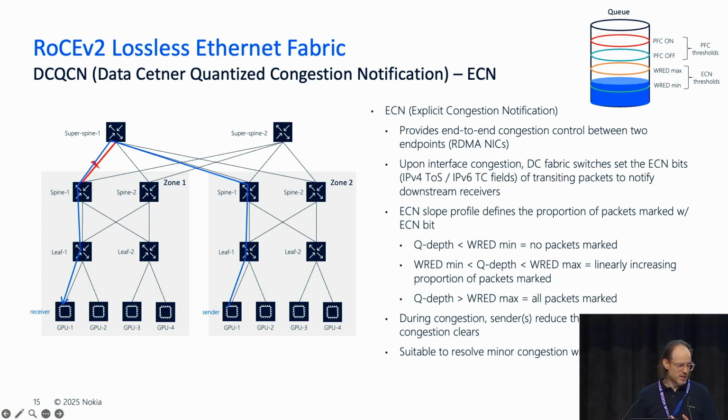We start to have some mild congestion between superspine 1 and spine 1. Because this congestion has been detected, superspine 1 starts to set the ECN bits within the IP header. The receiver, GPU 1, can then send a notification over to the sender GPU to say there's some congestion happening. In response, it will slow down the transmission of data. When it does that, the congestion on the link between superspine 1 and spine 1 is alleviated, and the network goes back into a steady state.